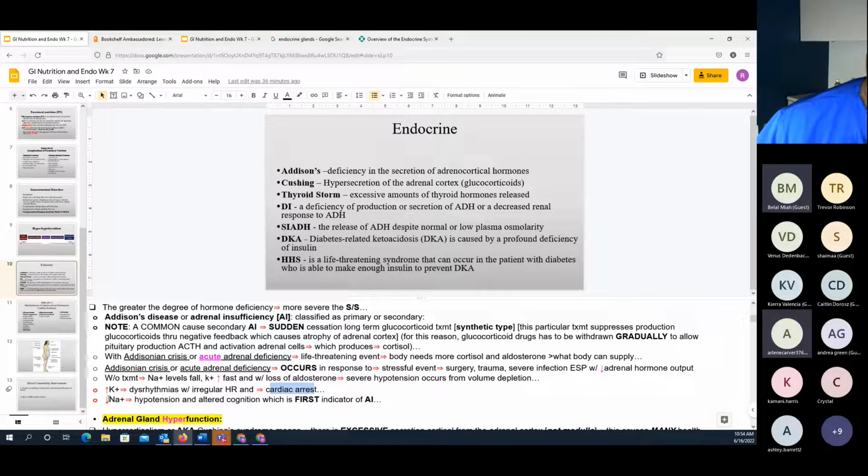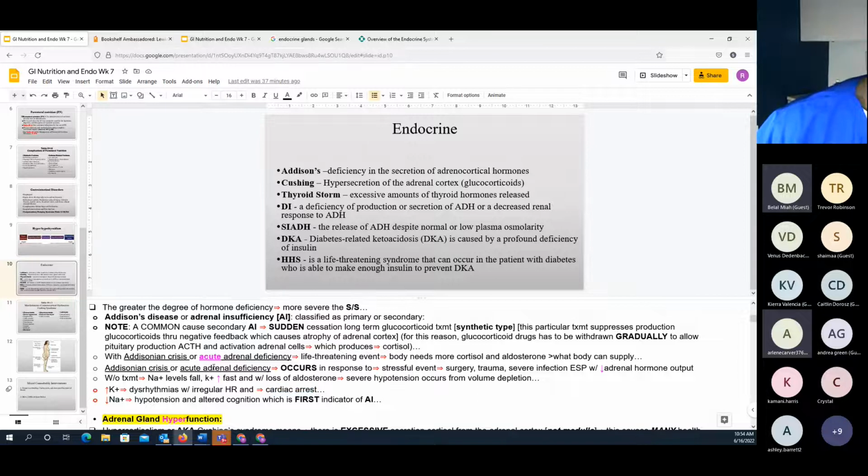As far as decreased sodium levels, we realize that in this condition, sodium and water is leaving the body, so these patients are going to be hypotensive, and just think about all the symptoms that come along with that: the dizziness, perfusion problems, and altered cognition or change of mental status. These are some of your first indicators of adrenal insufficiency.